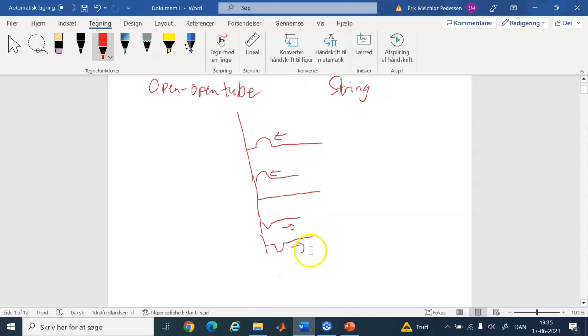So the acoustics for a stretched string is the same as for an open cylinder.